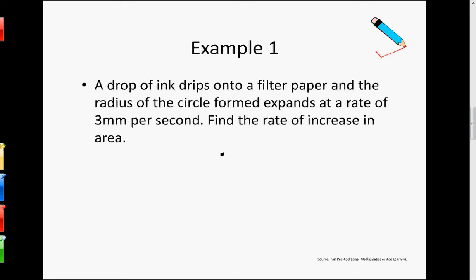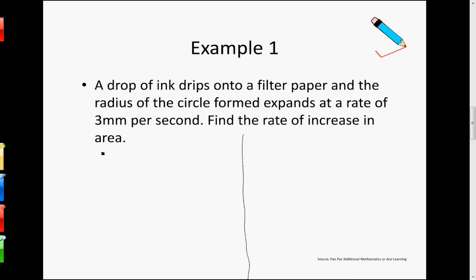For example, a drop of ink drips onto a filter paper and the radius of the circle formed expands at a rate of 3 millimeters per second. Find the rate of increase in area. Let me give you some background information.